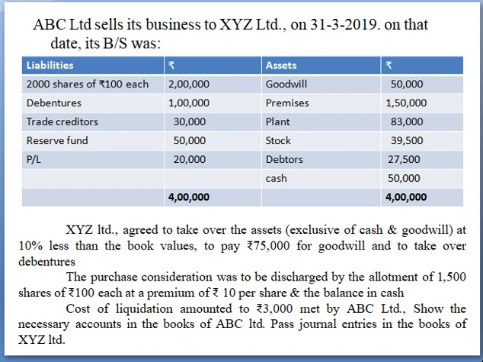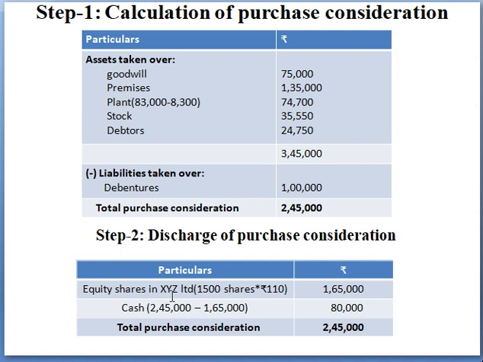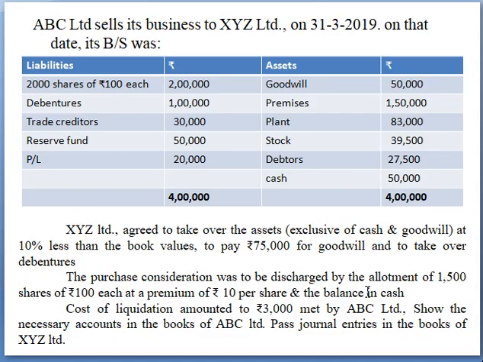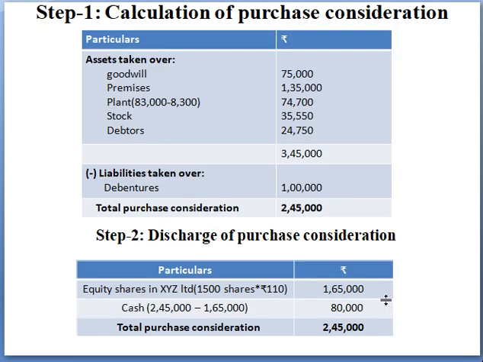So now calculate. So equity shares in XYZ, 1,500 shares into 110, you will get 1,65,000, right? And next is the balance in cash. So whatever balance you get from the purchase consideration will be paid in cash. Now that is the second item, cash.